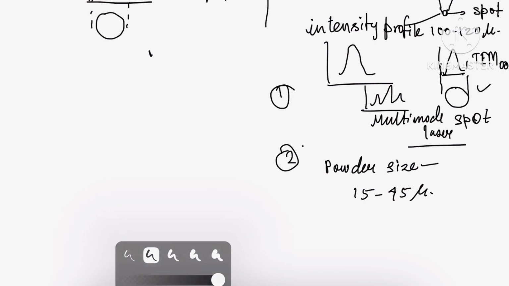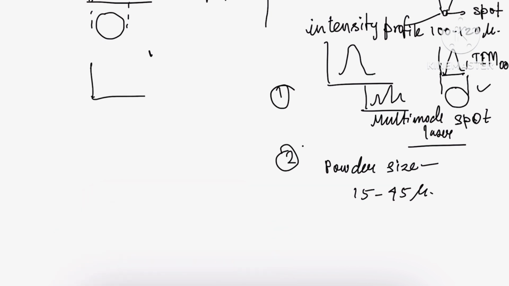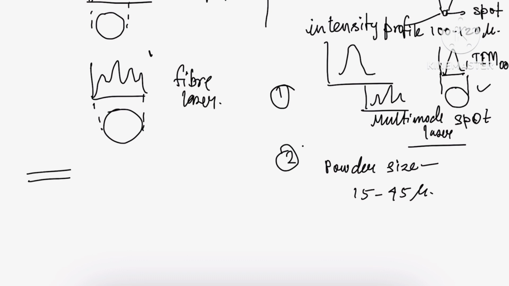If you are going with fiber laser, then you'll get this type of multimode laser due to the high power, because high power is achieved by fiber coupling multiple single sources. So if you are going for higher power, you have to couple a lot of single mode fiber lasers or diode lasers.